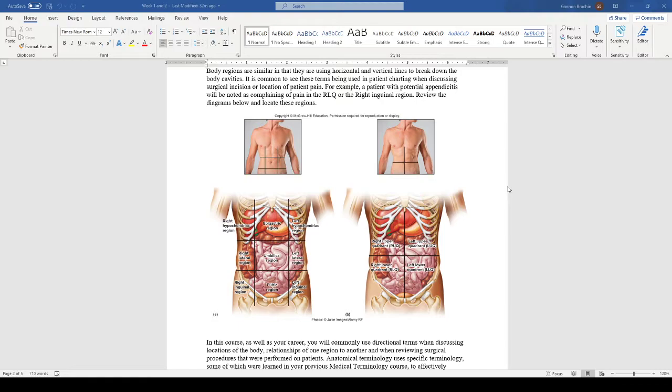So chondriac or chondral, you can think of as a term that can be loosely used to describe ribs, can loosely be used to describe cartilage. Okay, so you see here, you see the ribs, you see the cartilage of the lower ribs here. So this really is saying below the ribs on the right and the left side.